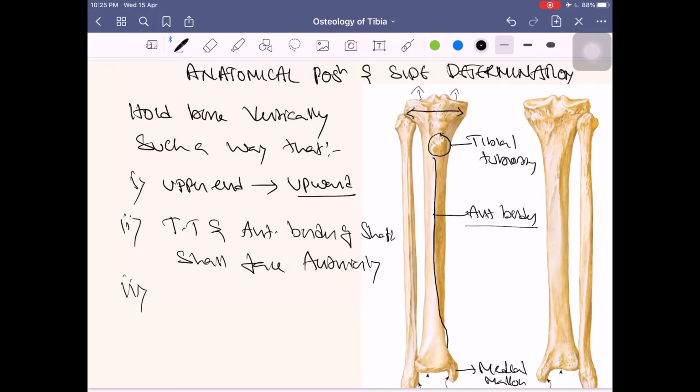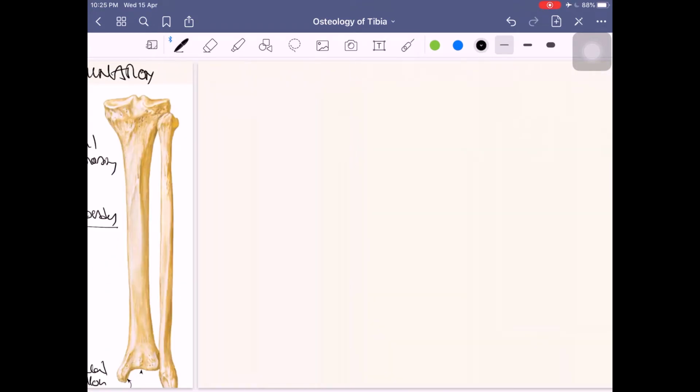That is the third point. If you keep these three features in mind, you will be able to decide the side and the anatomical position of the bone in the body.